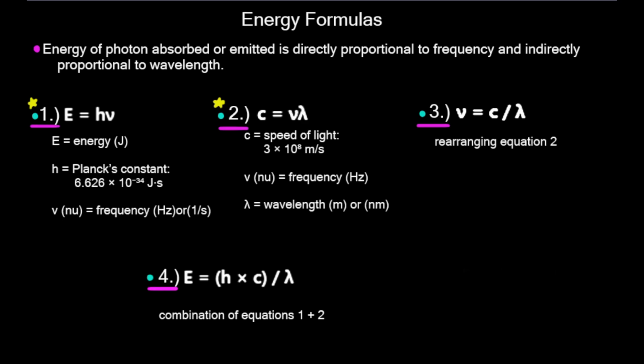E is the energy of the photon measured in joules. h is Planck's constant, which equals 6.626 times 10 to the negative 34 joules times second. Nu is the frequency measured in hertz. Another unit for hertz is 1 over second. Nu can also be represented as frequency or f.